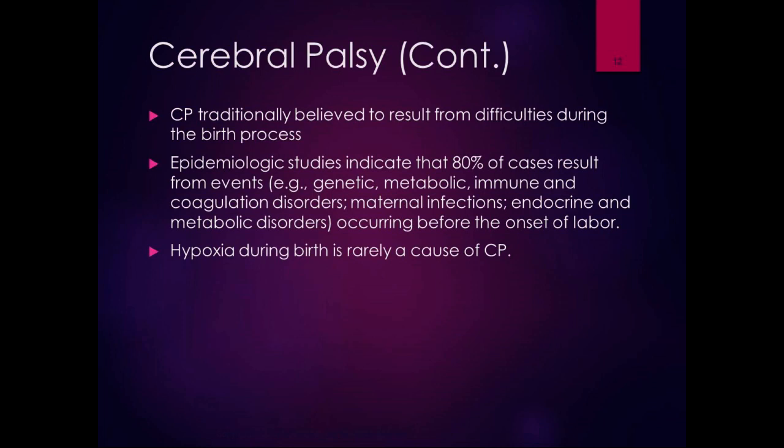So it might be genetic, it might be metabolic, immune, or a coagulation disorder, maternal infections, or endocrine and metabolic disorders. So hypoxia during birth is rarely a cause of CP, even though it has always been thought to be the cause. 80% of cases result from things that happen before birth.